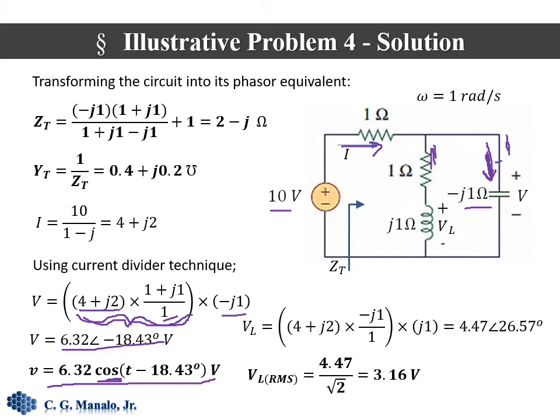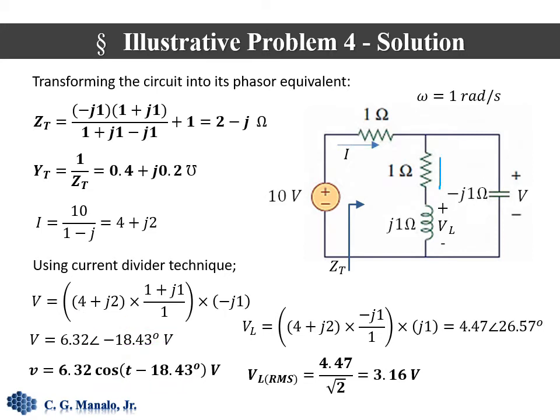Now, how do we compute for the voltage V sub L? That would be the same procedure as how we computed the voltage across the capacitor. That is, we first get the current in this direction, so that would be this current.